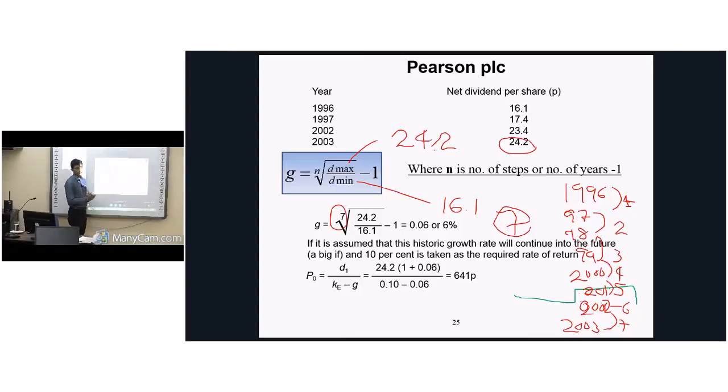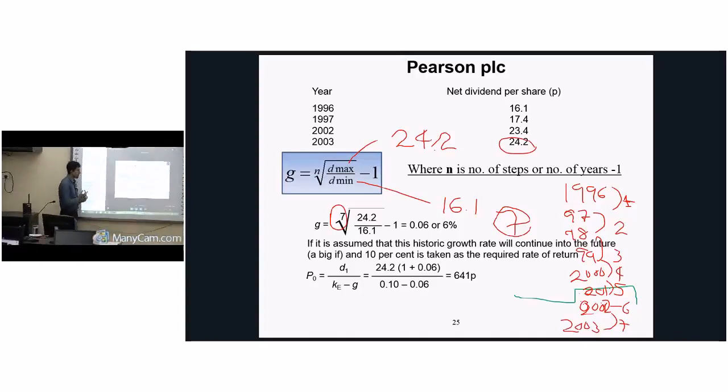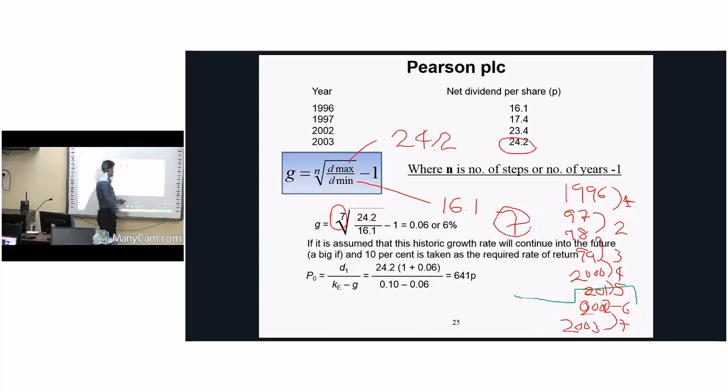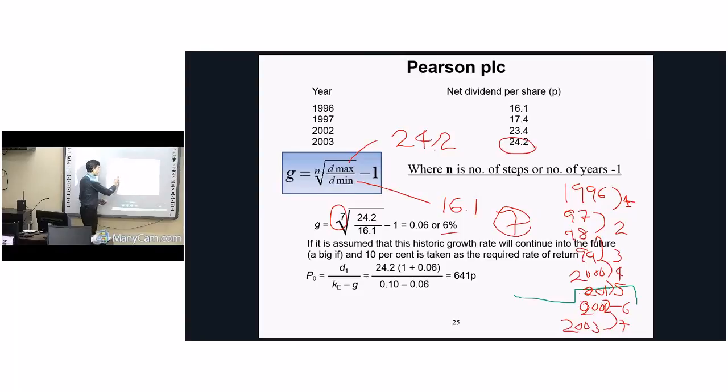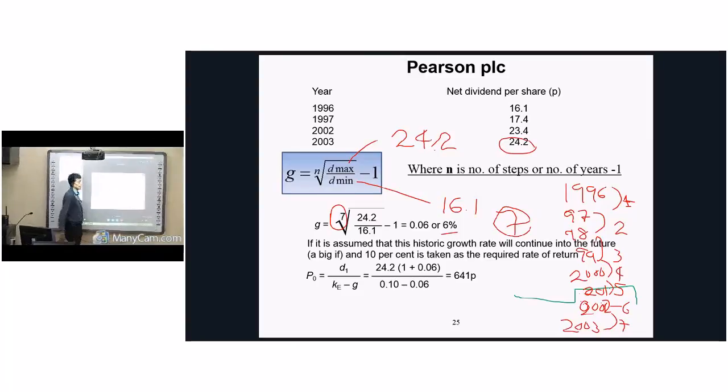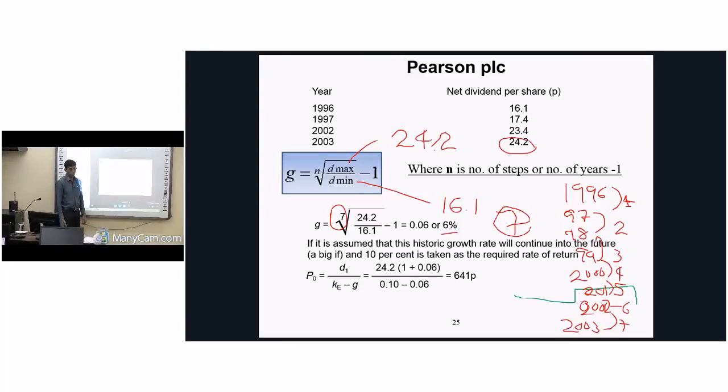Now we apply this equation: we take the 7th root of this calculation, and you will get an answer of 6%. Mind you, you get the full calculation, and only from that you deduct 1. So the answer would have been 1.06, from that you deduct 1, and your answer is 0.06. As a percentage, it's 6%.